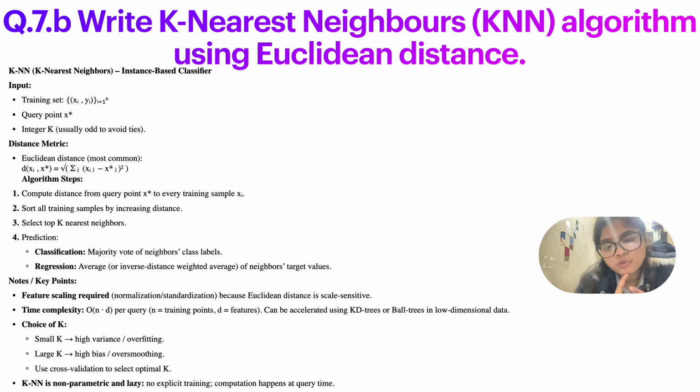Suppose we choose leave-one-out cross validation, so we leave one data point and train on n-1 data, and we do this n times. If we have minimum error for a specific value of k, then we choose that value of k.